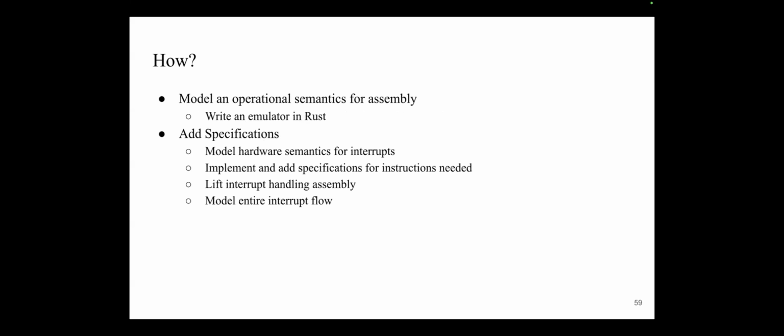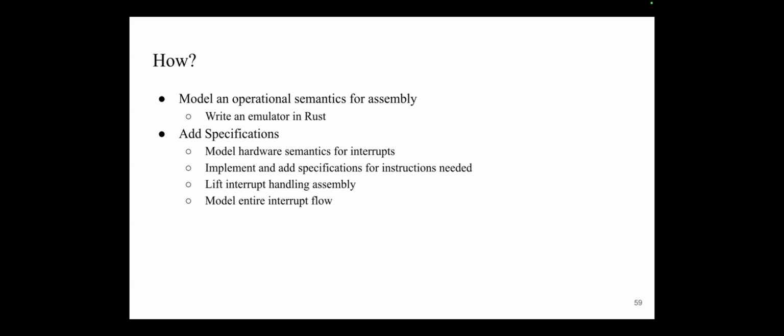Well, our approach is to model an operational semantics for assembly. And the way that we do this is we write an emulator in Rust, and then we add specifications to that emulation. Okay, so we're going to do this step by step. The first thing that we're going to do is find a representation for hardware in Rust, and then implement the semantics that hardware has for interrupts.